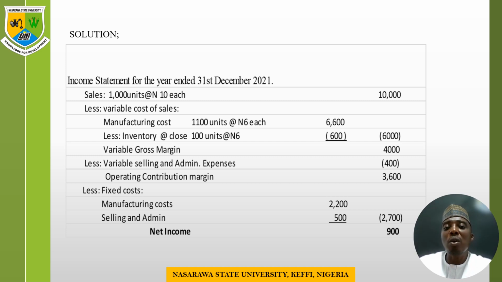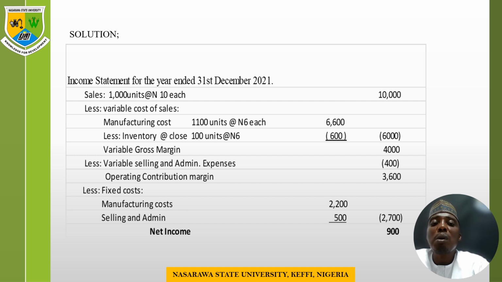So 6 naira will be used to produce each unit. If you multiply 6 naira by 1,100 units, the value of the manufacturing cost would be 6,600 naira.